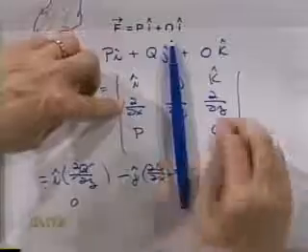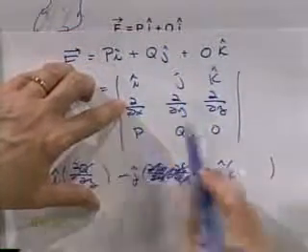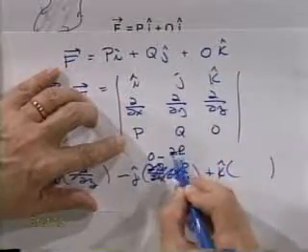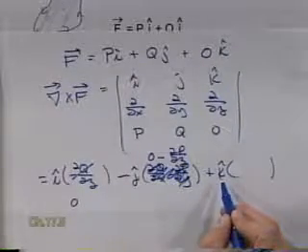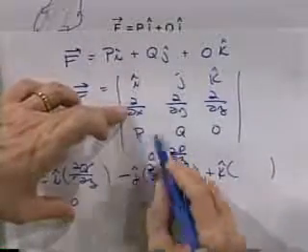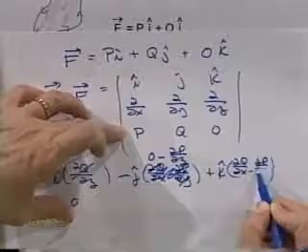Minus j times, oh, yes, thank you. I go, partial of that is 0 minus partial of p with respect to z. Okay. Plus k times partial of q with respect to x minus partial p with respect to y.